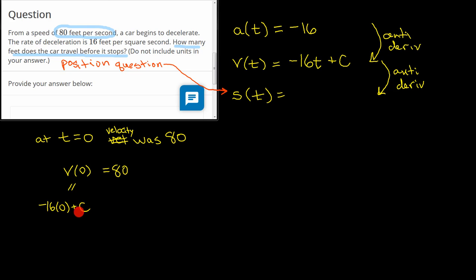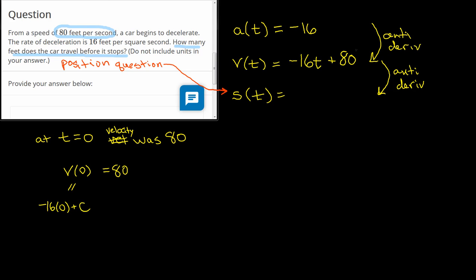And so it's easy to see that those go away and you just have c. And so that means c is equal to 80. So this little bit of extra information that the problem gave me at the beginning allows me to say that the unknown constant is actually known. We actually know that it's 80.